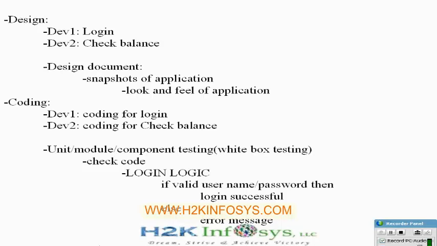Once the design document is ready, the next step is the coding. Based on the design, the development team is going to build the application. They do programming. Say, for example, developer 1 does the coding for login, developer 2 does the coding for check balance, and so on.